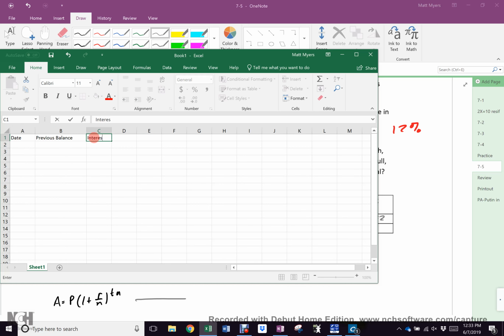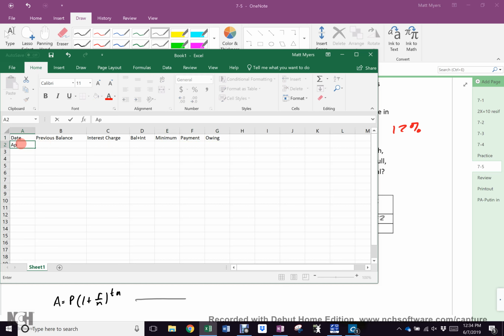Interest charge, then what? Balance plus interest. Then what was next? Minimum payment, and then owing. Everybody cool?